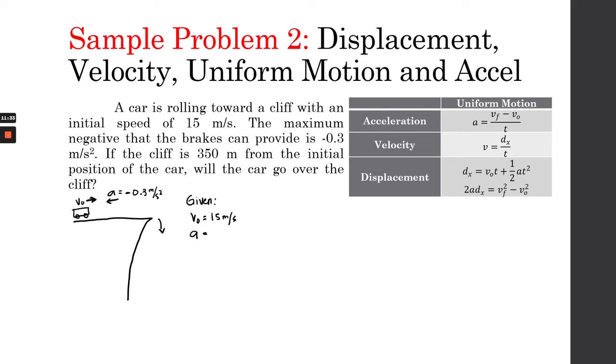So the acceleration is negative 0.3 meters per second squared. This is the maximum deceleration that the car's brake can provide. And the distance between the initial position of the car and the edge of the cliff is 350 meters.